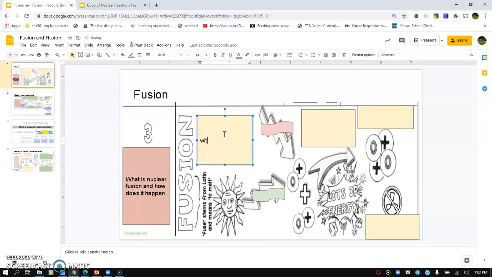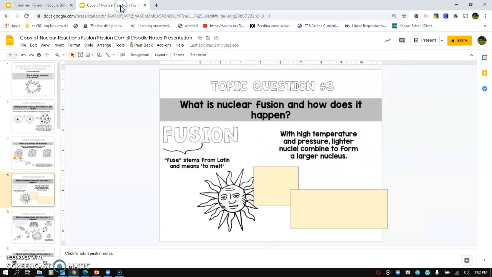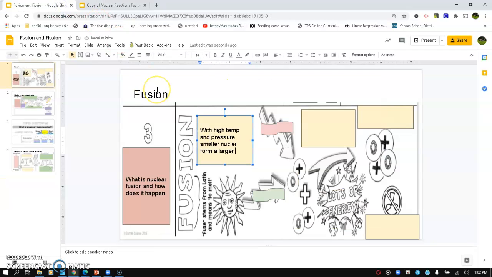With high temp and pressure, smaller nuclei form a larger, and I'm going to make sure that I'm telling you this right, nucleus.